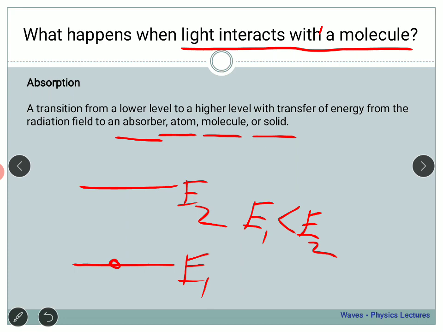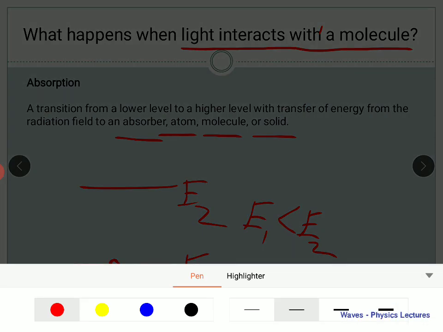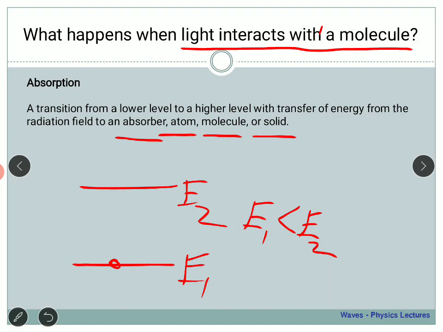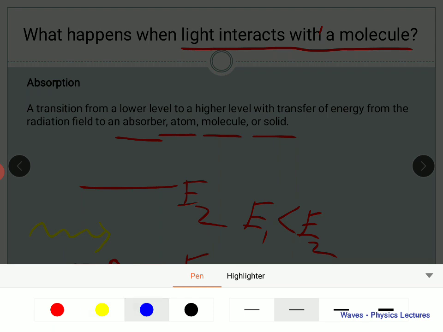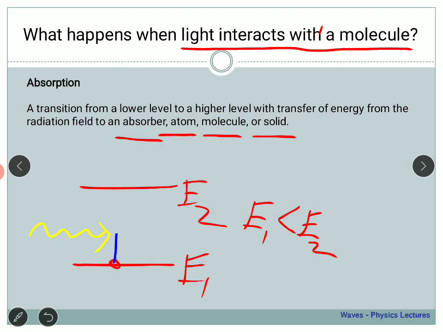We're talking about the transition from a lower energy level to an upper energy level, right? So when there is an interaction, let's say we have some kind of radiation falling on it. This particular atom, which is at the lower energy level, will actually jump up.